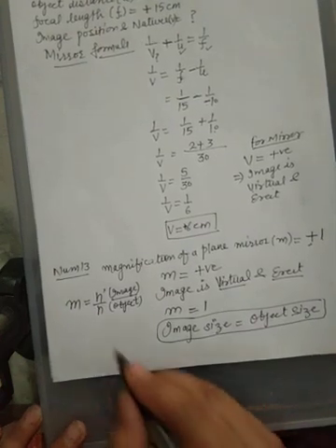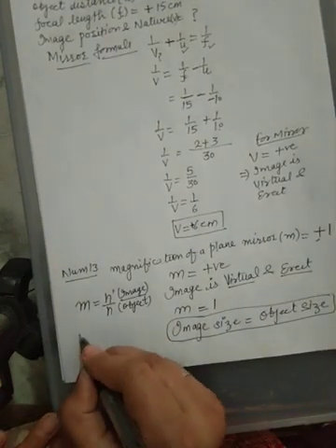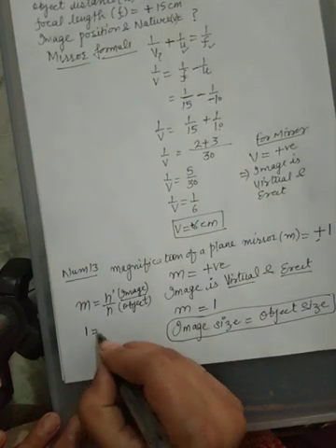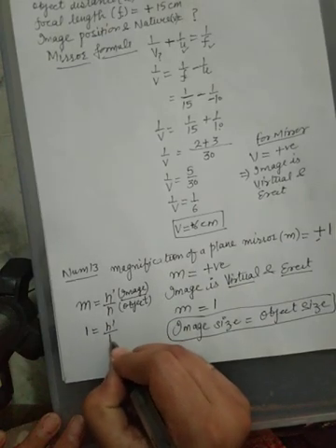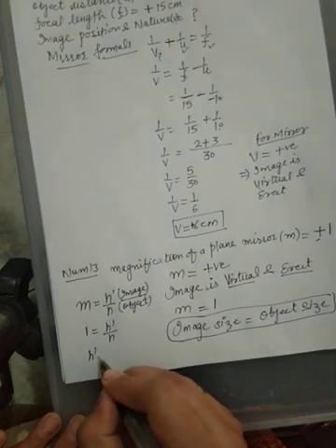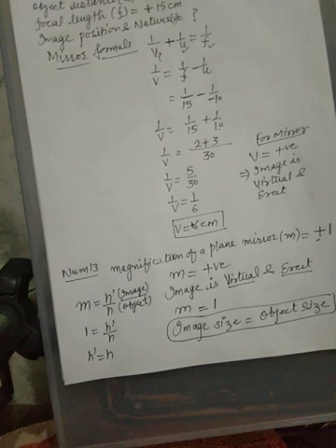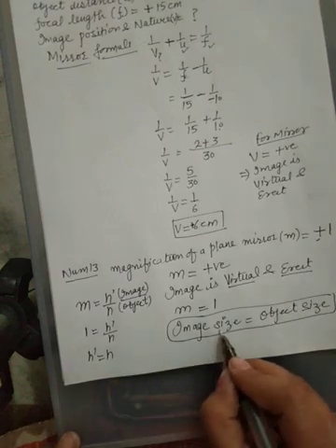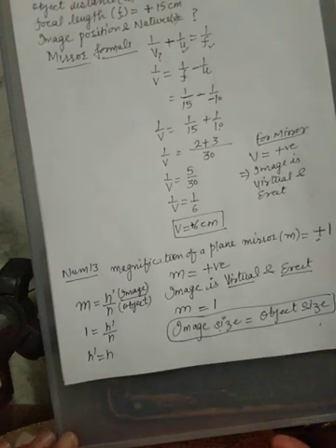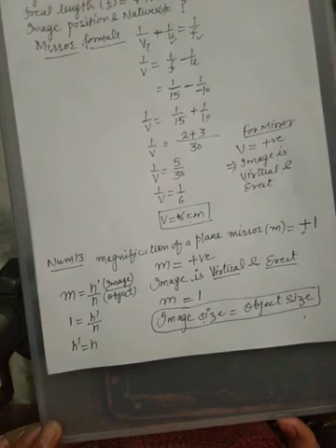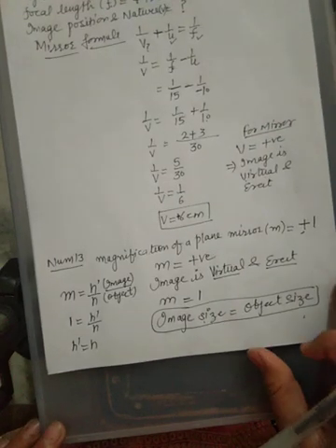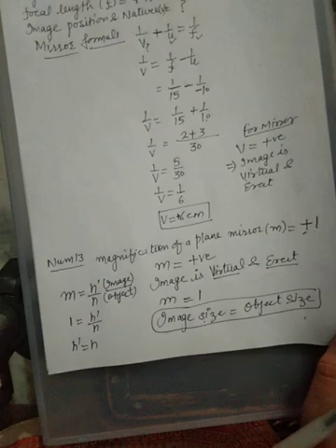When m is equal to 1, then h dash upon h is 1, h dash is equal to h. It means height of image is equal to height of object. It means image size is equal to object size. Okay, students? Now, that is numerical number 14.